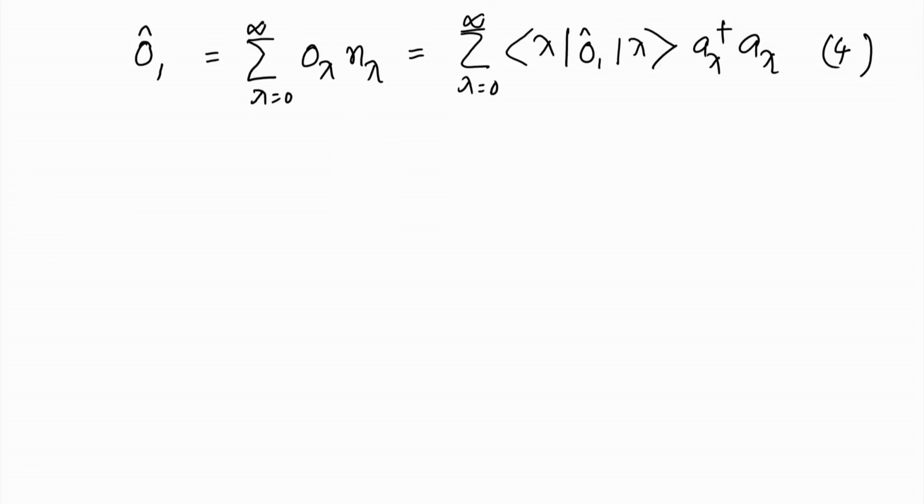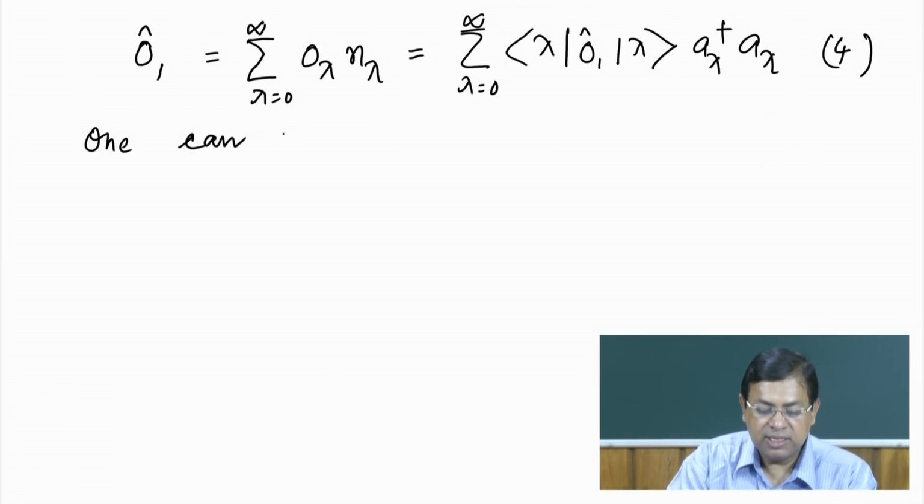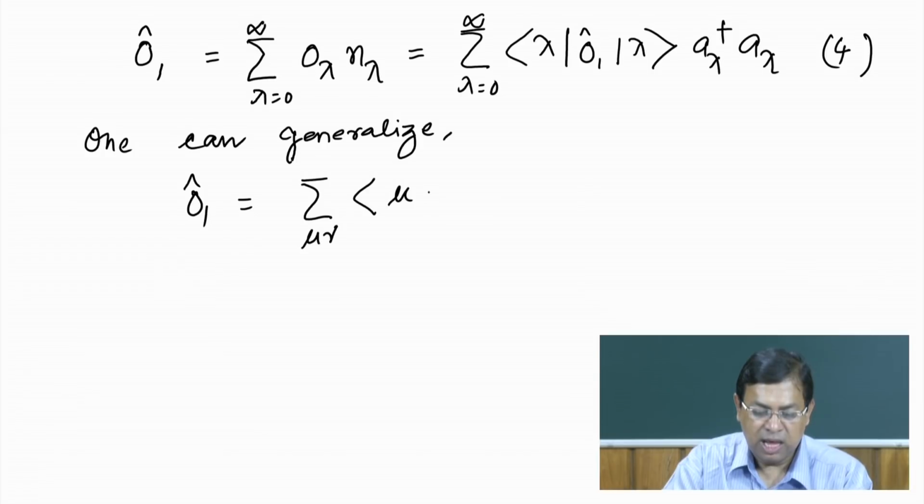Okay. And now one can generalize it to a non-diagonal basis and write this operator in terms of a general basis, where the operator is not diagonal in the lambda basis.